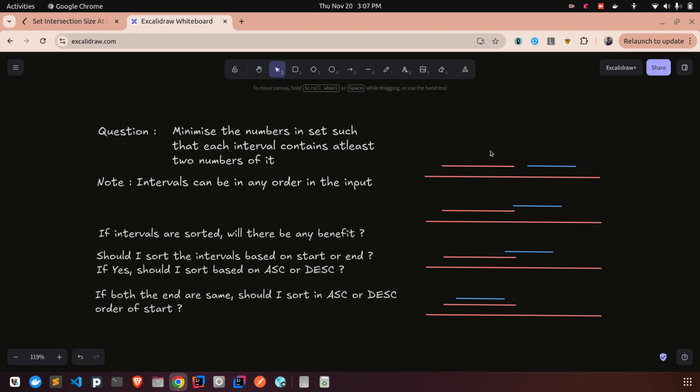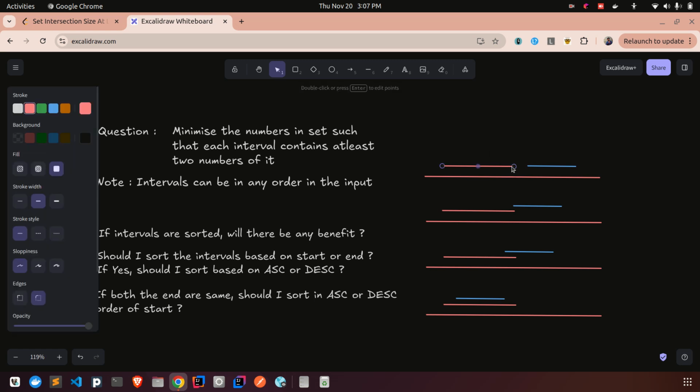Our aim is to minimize the number of elements we pick from this interval, such that those numbers will also fall in the next interval or the subsequent intervals.